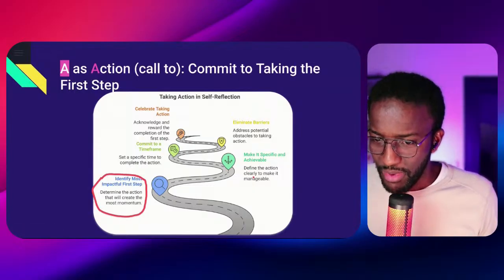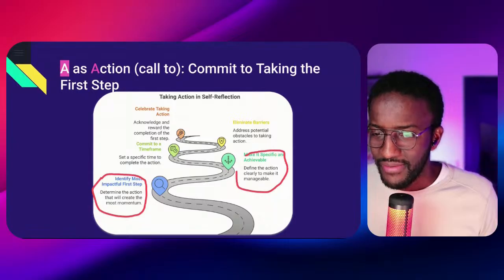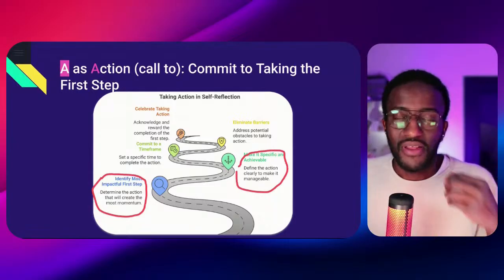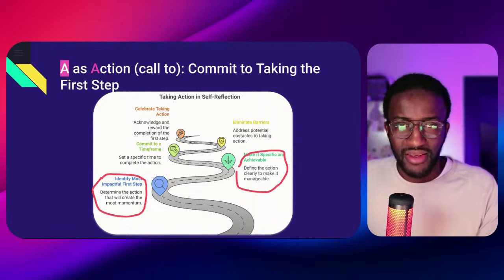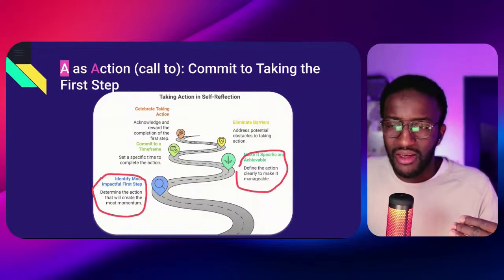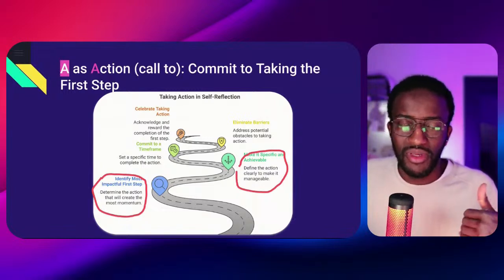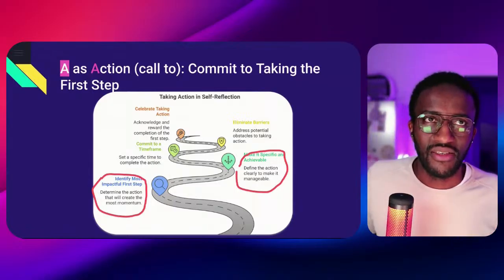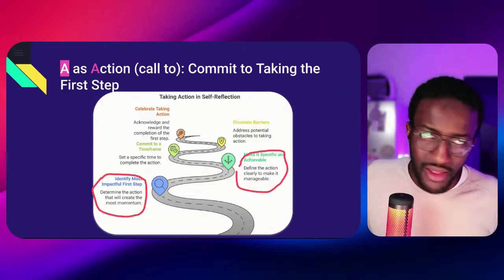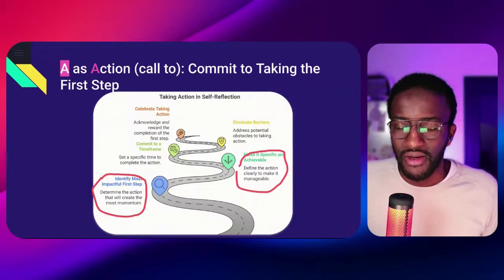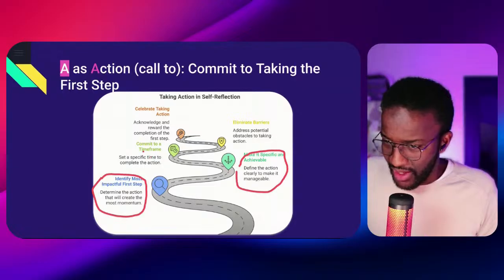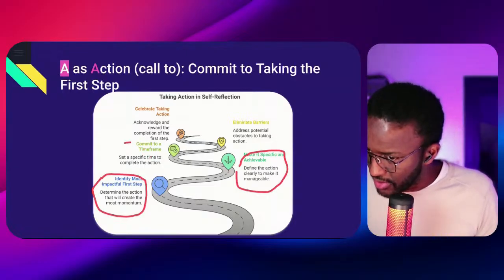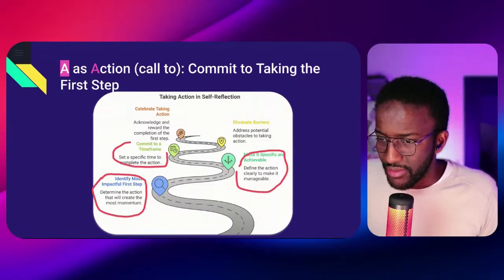You have to make it specific and achievable, okay? Meaning that if, for example, you are self-reflecting on losing weight, maybe the first action must not be to lose 10 kg in the first week of exercising or starting an activity. And then after, you really have to commit to a timeline.